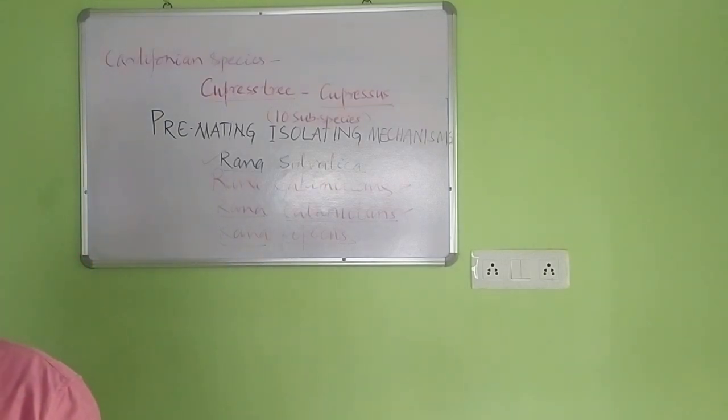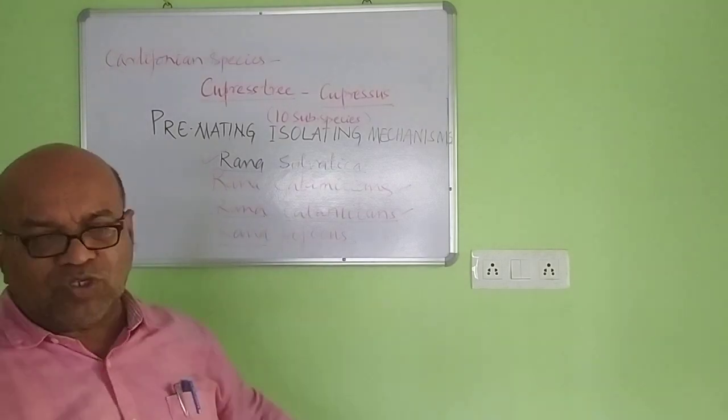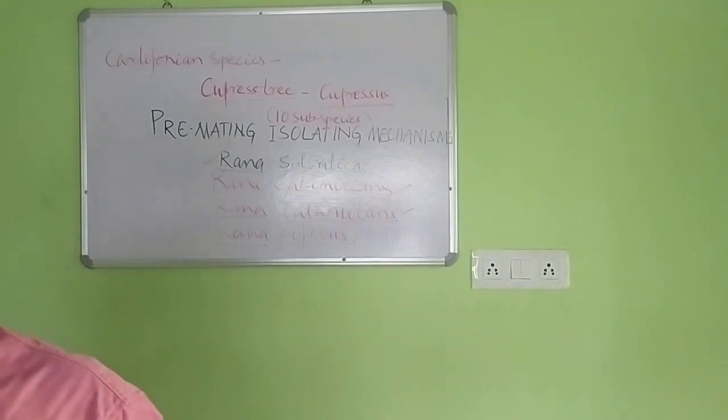And in the same pond, you also find Rana calamitans, which does not begin breeding until the others breed. However, they will be present in the same pond.